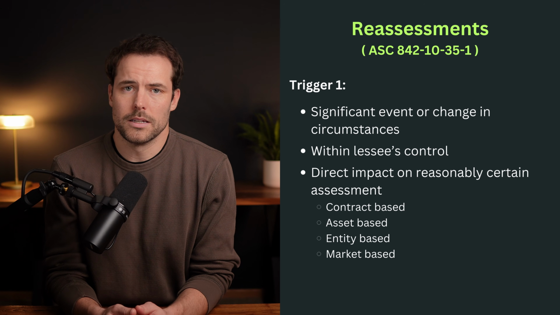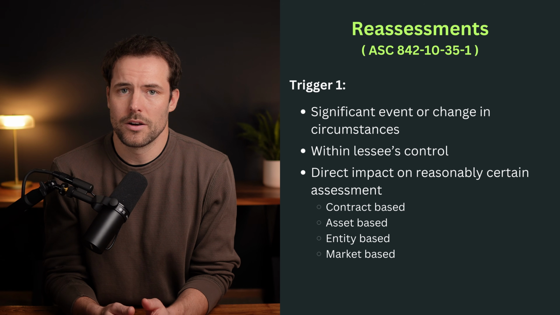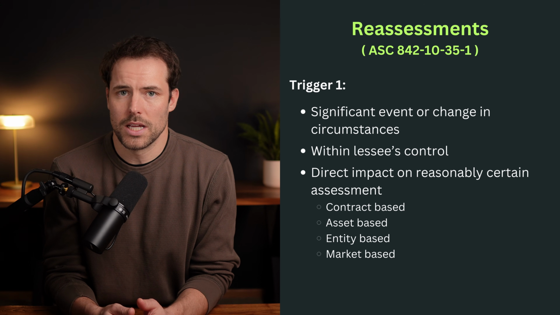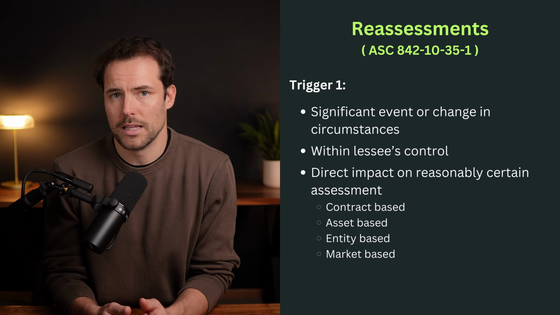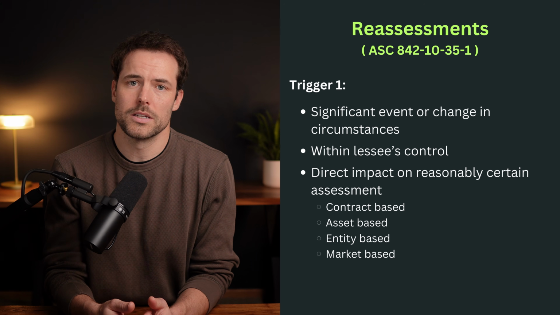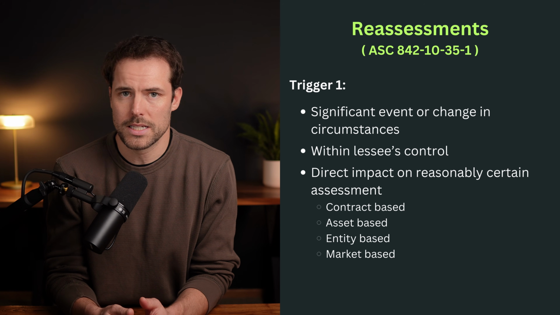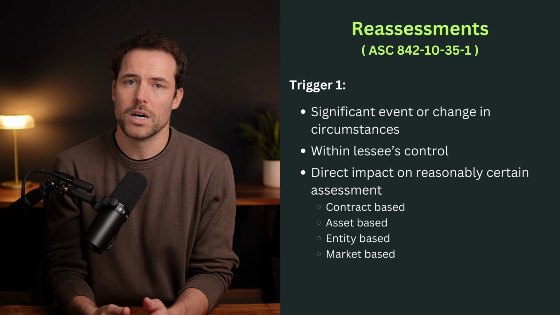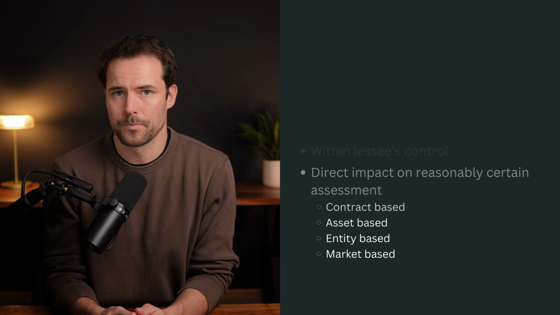A similar idea applies when reassessing the lease term after commencement. When significant events or changes in circumstances within the lessee's control occur that directly affect whether the lessee is reasonably certain to exercise an option to extend or terminate the lease, we must reassess the lease term.